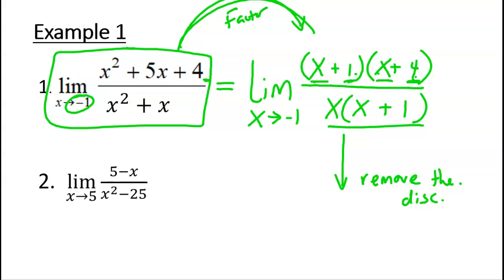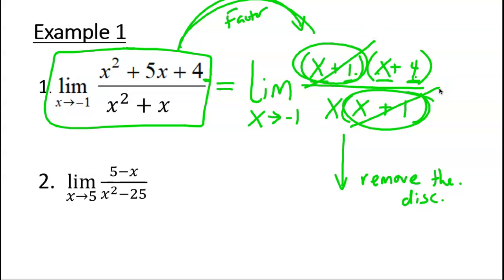So that factor right there is what's causing us to have a discontinuity. It's causing us to get a 0 in the denominator, and we don't want that. Okay? But here's the thing. Notice how it's the same thing on the top and on the bottom? We can divide it out. So we remove the discontinuity by dividing it out.